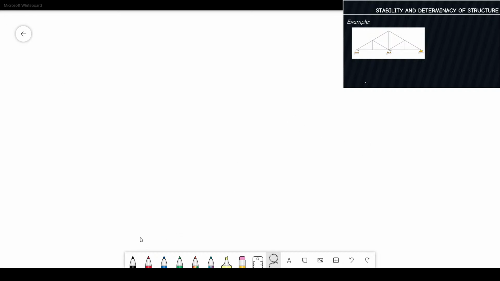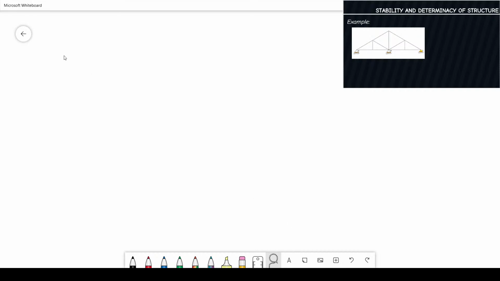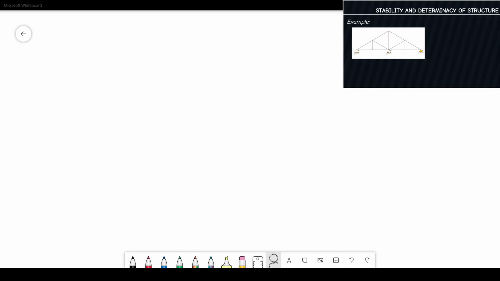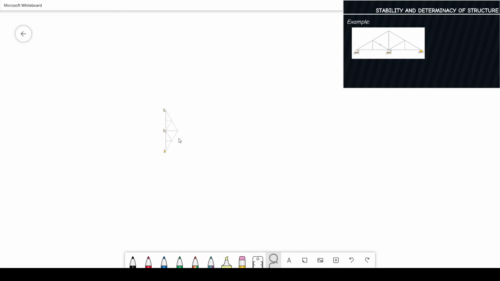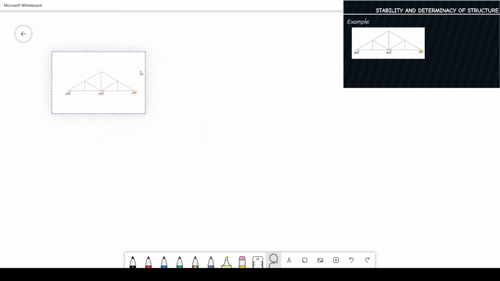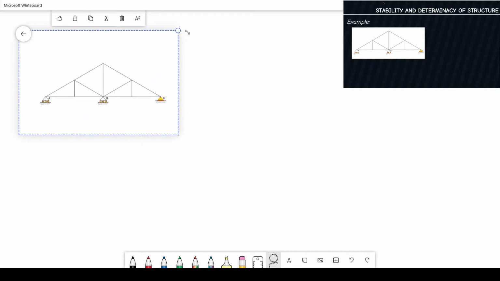Let this be the figure for our first example.